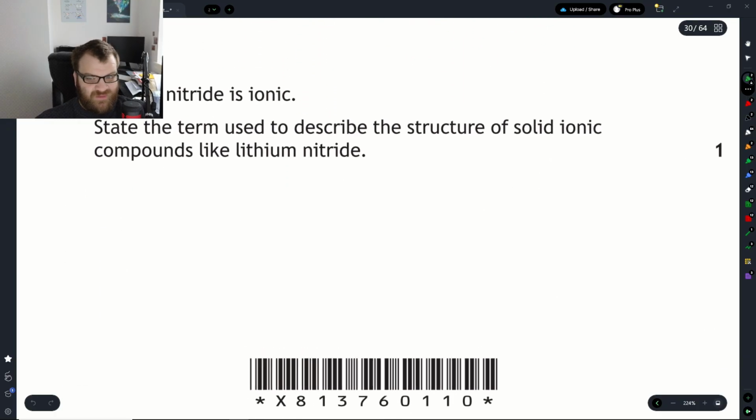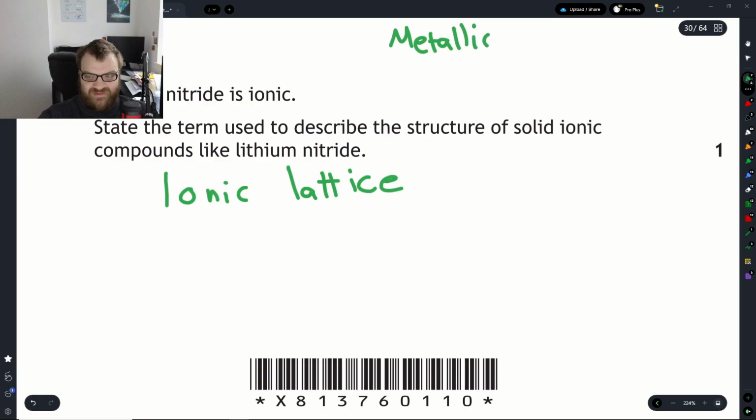Next one. We're asked to describe the structure of a solid ionic compound. The word that gets paired with it would be a lattice. We have ionic lattice as our structure for lithium nitride. Other potential options, if it was a different chemical, you could have a metallic lattice, the lattice being the structure part, metallic the bonding.